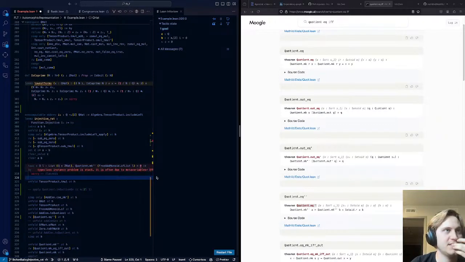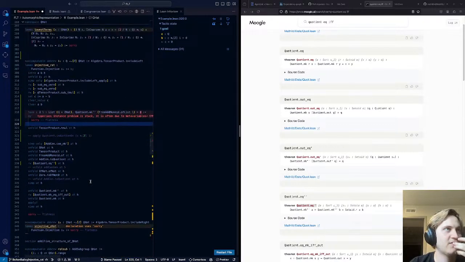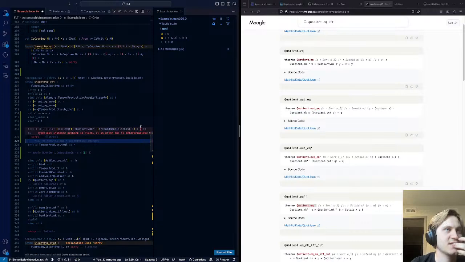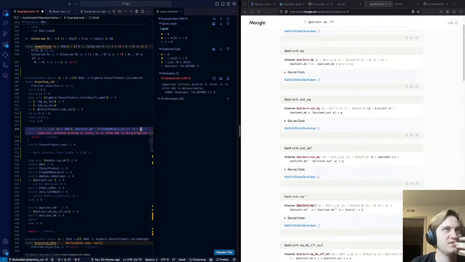Sorry, flatness. Flatness, it says, yes. Type class instance problem is stuck. This is often due to meta variables. 0 of type q hat.